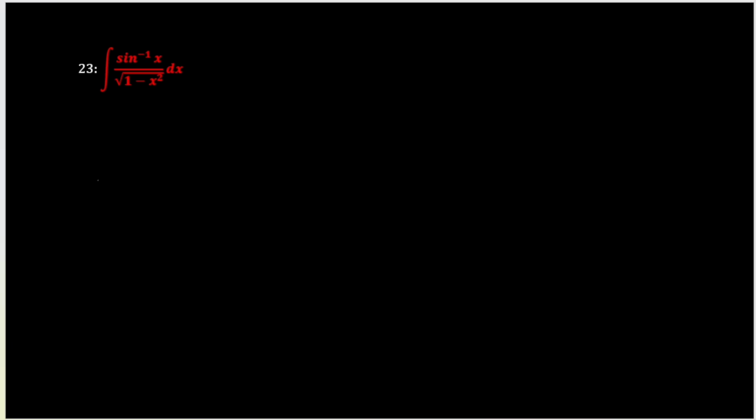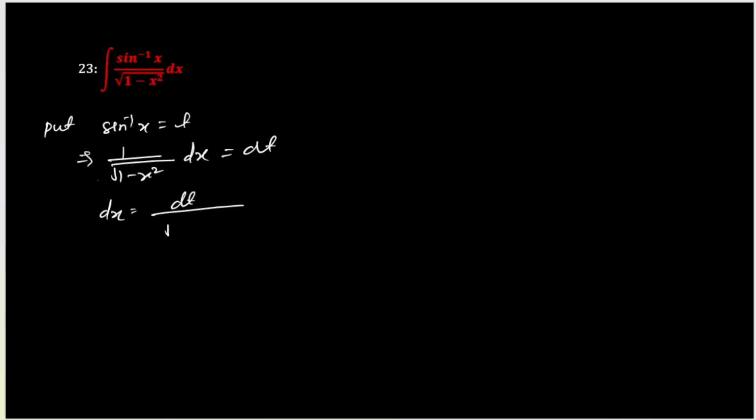Okay, next problem 23. Here we put sin inverse x equal to t, because the differentiation of sin inverse x is equal to 1 by root under 1 minus x square. So 1 by root under 1 minus x square dx equal to dt, and dx is equal to root under 1 minus x square dt.